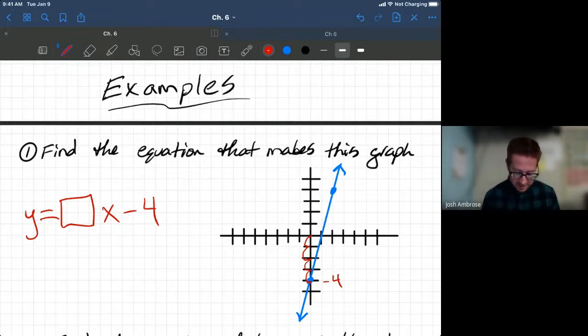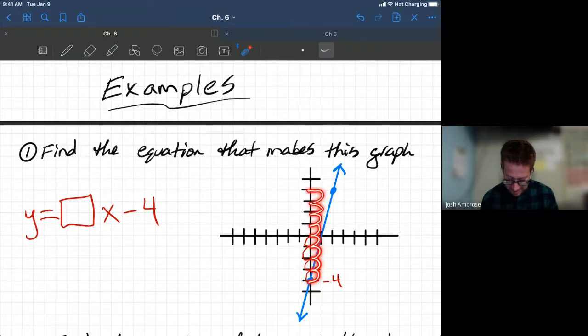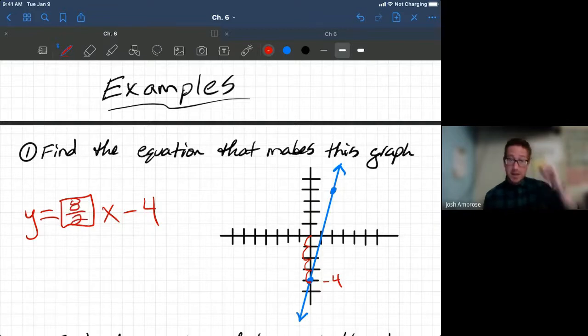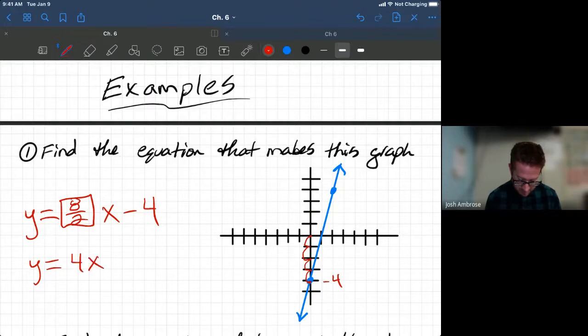Then let's count from this y-intercept all the way up to this point right here. That's going to be 1, 2, 3, 4, 5, 6, 7, 8, then 1, 2 to the right. So that looks like it was 8 up over 2 to the right, but 8 over 2 can be reduced. So we're looking at y equals 4x minus 4.